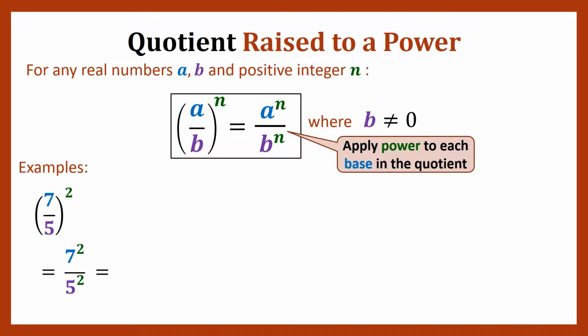In turn, this is equal to the repeated multiplication of 7 2 times divided by the repeated multiplication of 5 2 times. This is then equal to 49 divided by 25. And this is the result of the first example.